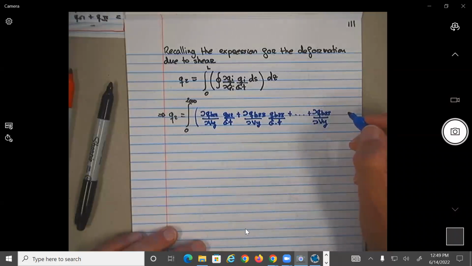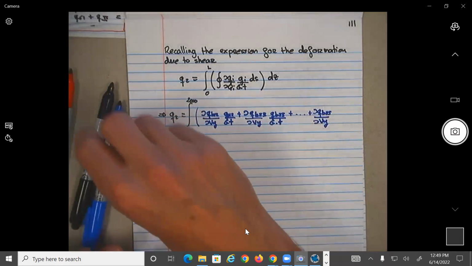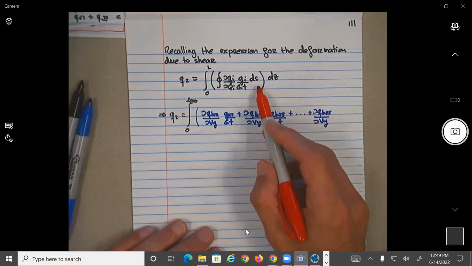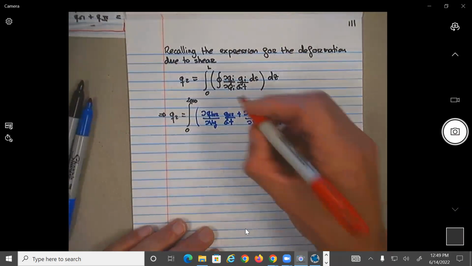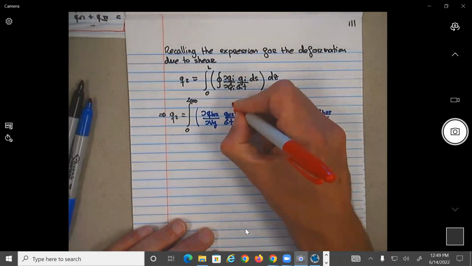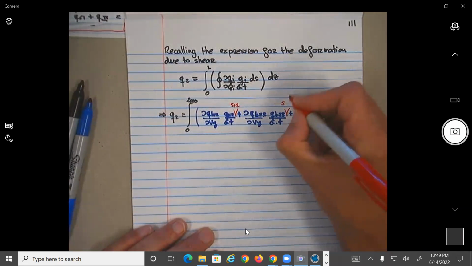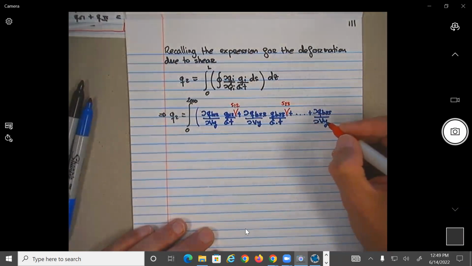Ooh, damn it, I forgot one term. What did I forget here, guys? This term needs to be multiplied by S, no? So this one is times what? S12, S23.